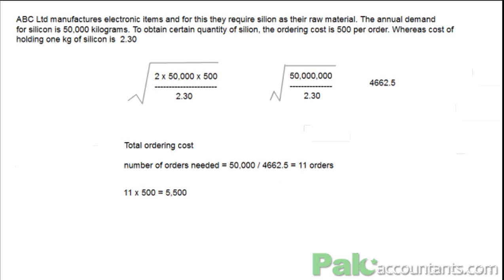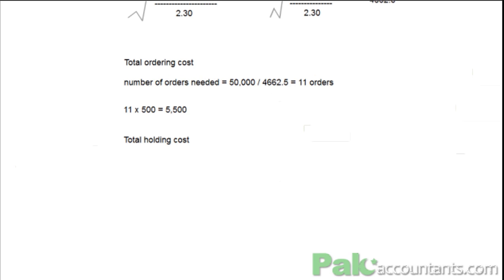Let's move on to total holding cost now. For holding cost, you need the average amount of inventory that you hold in a particular period. Let's understand this, it's a bit technical. During the year, whenever your stock falls to zero, you will place an order and suddenly have the full amount with you.